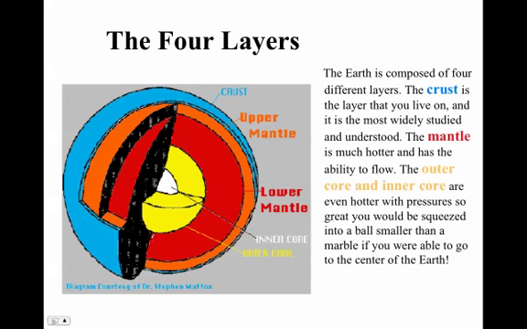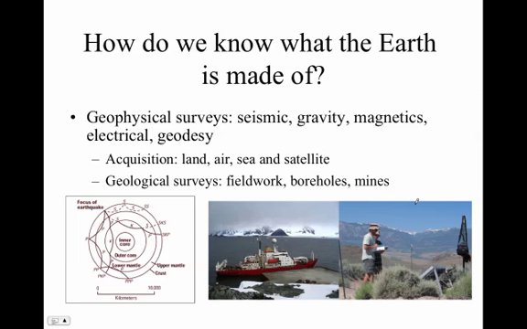Here it is again. The earth is composed of 4 layers: crust, mantle, outer core, and inner core. How do we know this? What kinds of technologies have allowed us to actually come up with this idea? Unlike the movies, we haven't actually been able to dig deep enough, and so we've had to use different kinds of technologies.